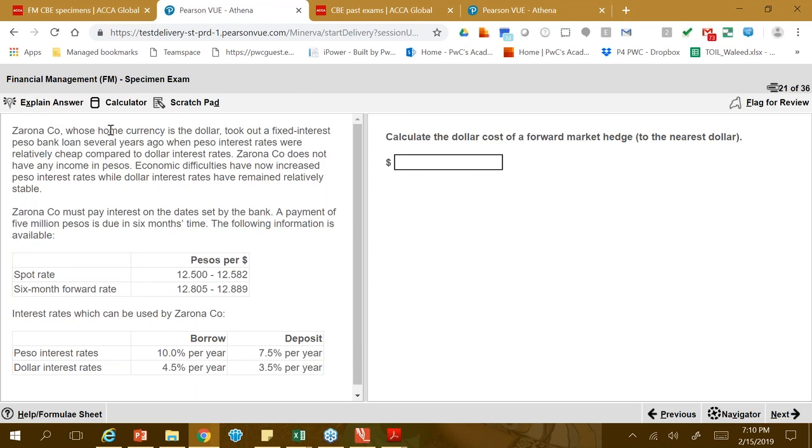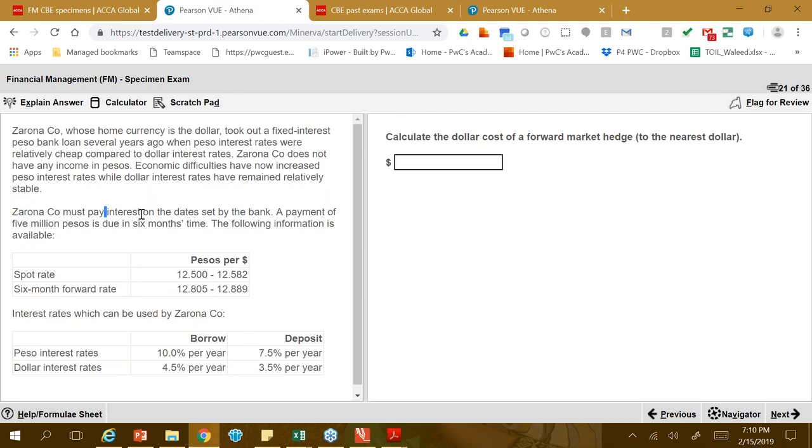Zerona, whose home currency is the dollar, took out a fixed interest peso bank loan several years ago when the peso interest rates were relatively cheap compared to the dollar interest rates. Zerona does not have any income in pesos. Economic difficulties have now increased the peso interest rates, while the dollar interest rates have remained relatively stable.